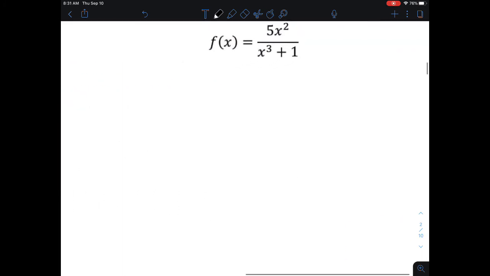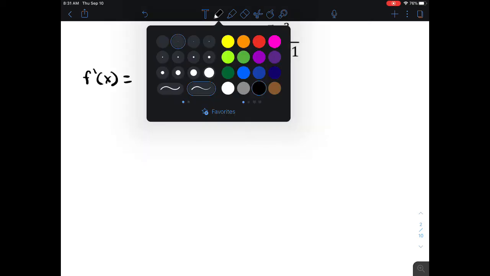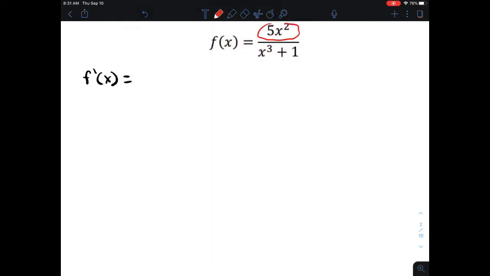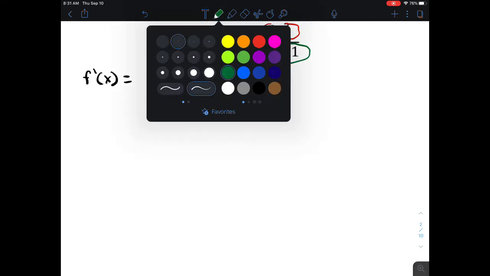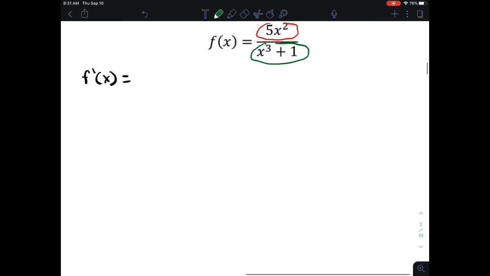Let's do it one more time. So I want to take the derivative of the quotient of 5x squared divided by x to the third plus 1. So the derivative of f here, and I'll color code this again. So I'll let red be the top and I'll let green be the bottom. So our quotient rule is you start with the bottom, x to the third plus 1.